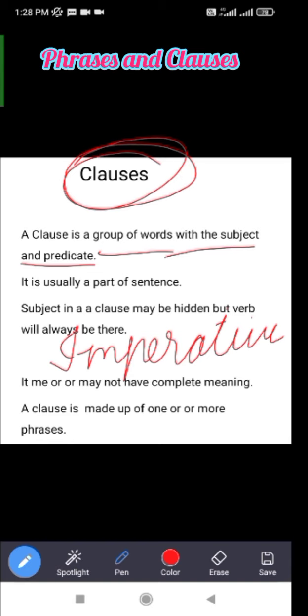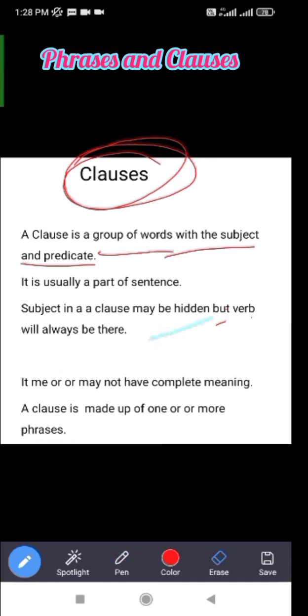Here if I am requesting anybody, obviously that person is in front of me, the second person, so what subject can I use? You, as hidden. It is hidden but it is there. So we have to keep in mind that the subject in a clause may be hidden but the verb will always be there. So a clause always has a group of words with a subject and predicate, a proper subject and verb combination.